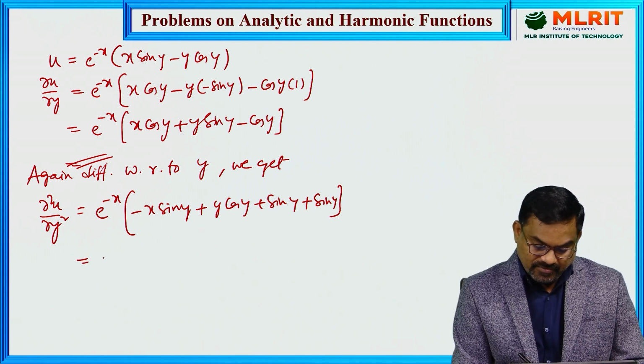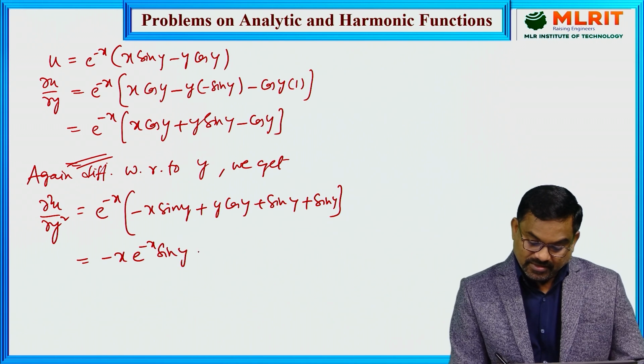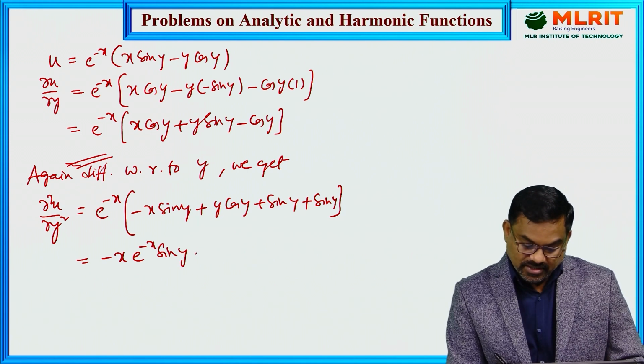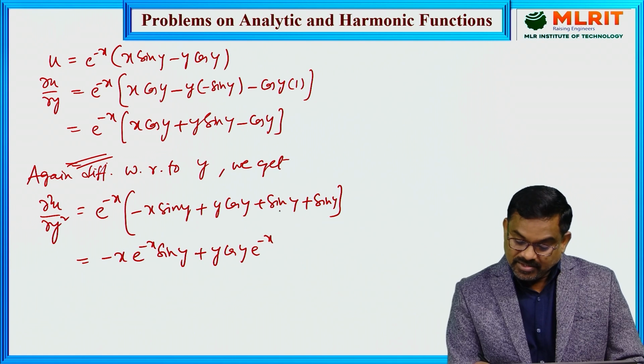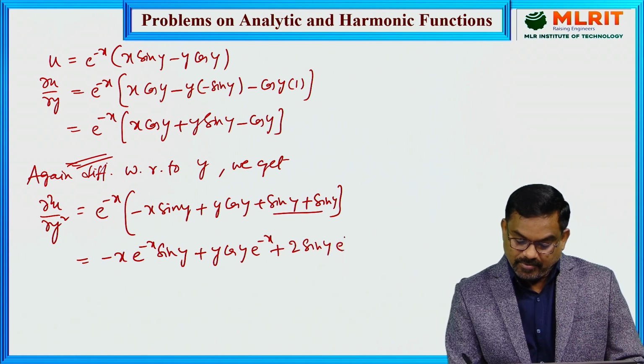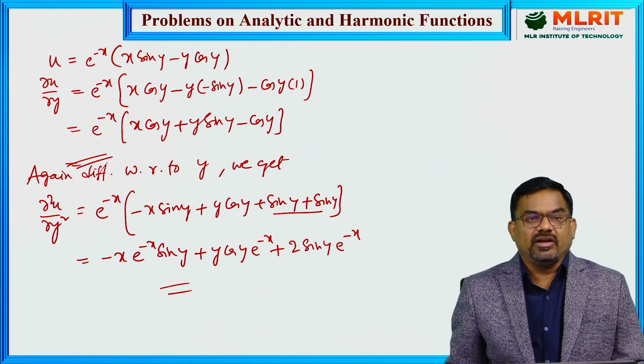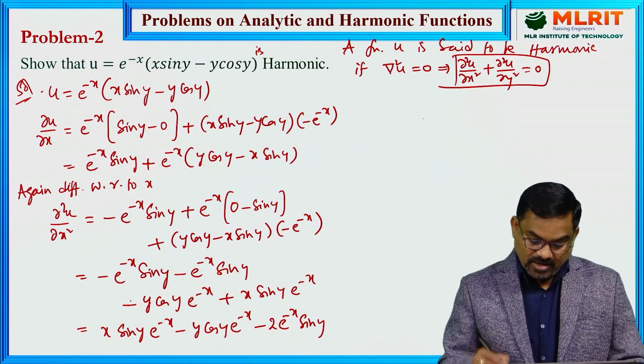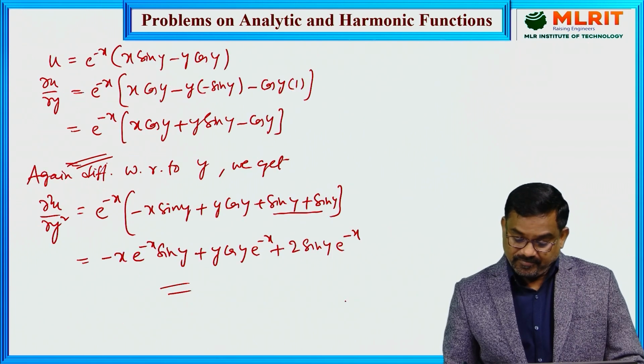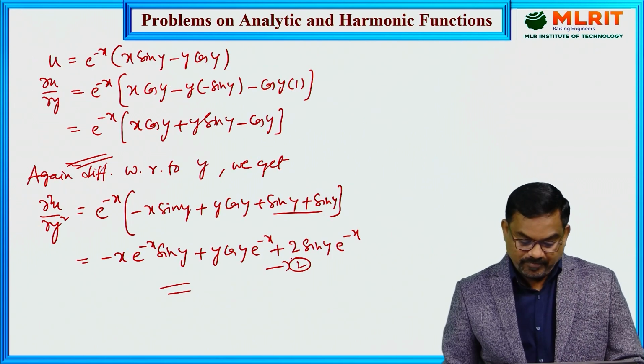So after simplifying, minus x e power minus x sin y, y cos y e power minus x, plus 2 sin y e power minus x. So this is the second order derivative of u with respect to y. And this is equation 1 and this is equation 2.